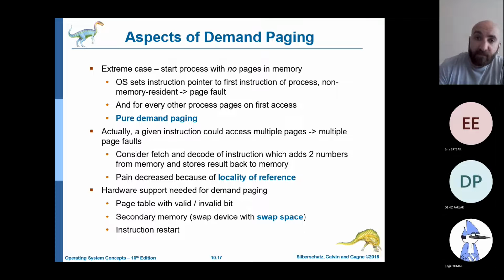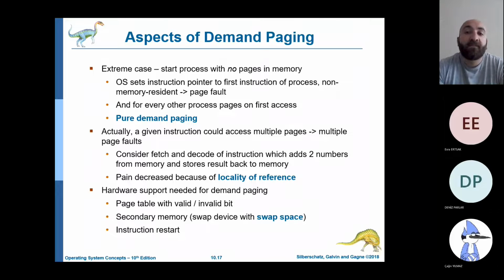After this page is brought into memory, the process continues to execute, faulting as necessary until every page that it needs is in memory. At that point, it can execute with no more faults. This scheme is called pure demand paging. Never bring a page into memory until it's required.